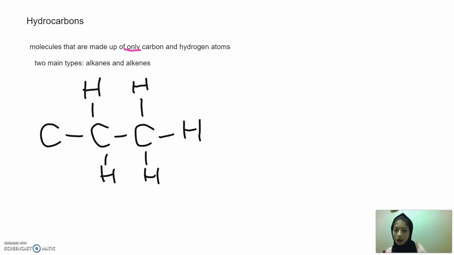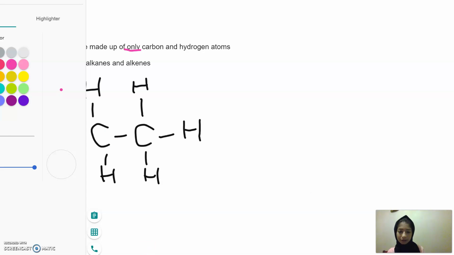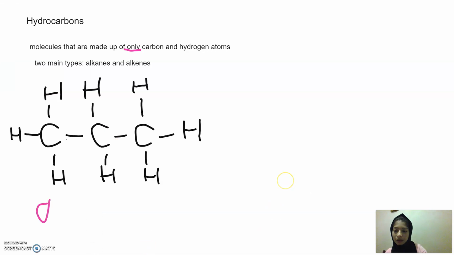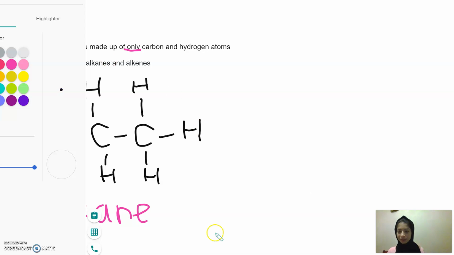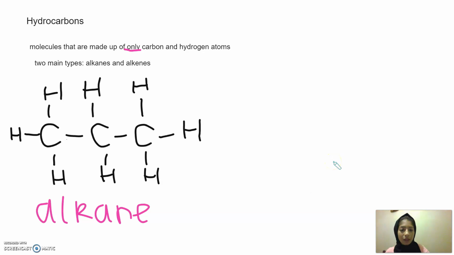And I'm using lines to represent these bonds. A single line equals a single bond. So here we have our alkane. Okay. Now let's draw our alkene and see if we can spot anything different.